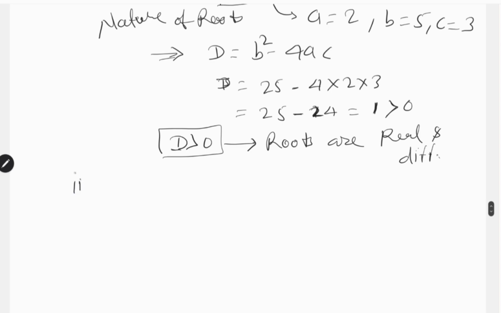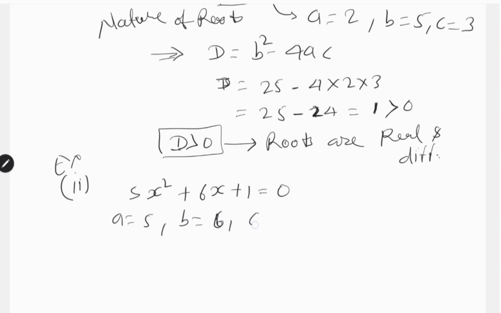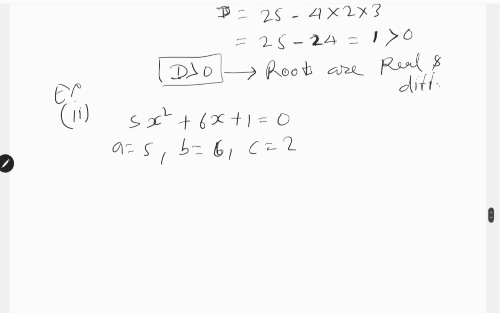Second example: 5x² + 6x + 2 = 0. Then a = 5, b = 6 and c = 2. Find the nature of roots. D = b² - 4ac.